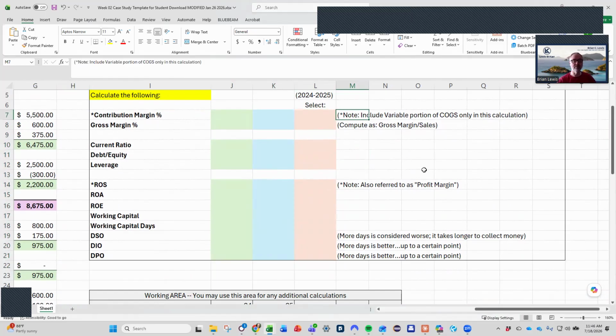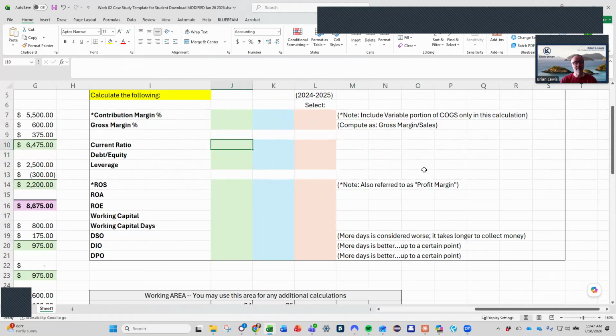Now it's telling you, wow, interesting, only include the variable portion of COGS in this calculation. Compute as gross margin versus gross sales. Now it's giving you some notes, some clues on here, right? So the gross margin is pretty easy. This one we already know, right?